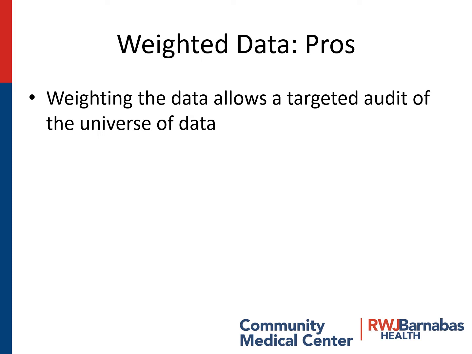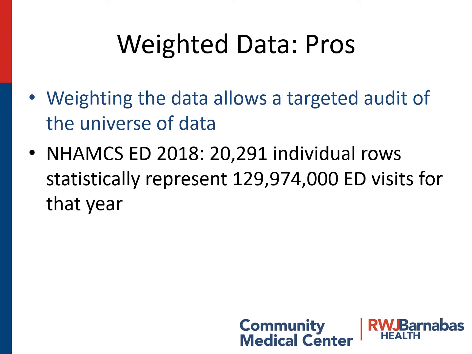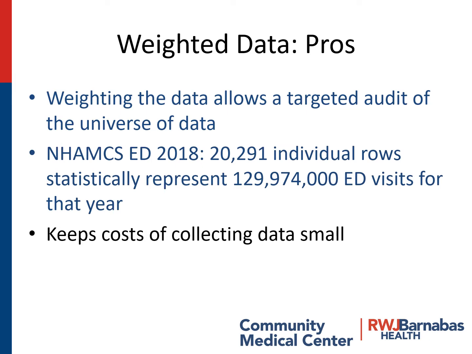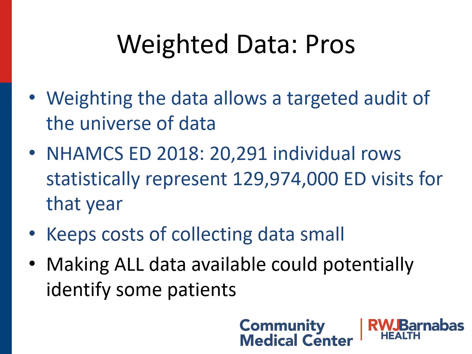They just have to pick about 20,000 visits, and then they can extrapolate from there how the large majority of ER visits look. The 2018 data set, about 20,000 rows, statistically represent about 130 million visits. It keeps the cost of collecting data small, and making all data available could potentially identify patients.